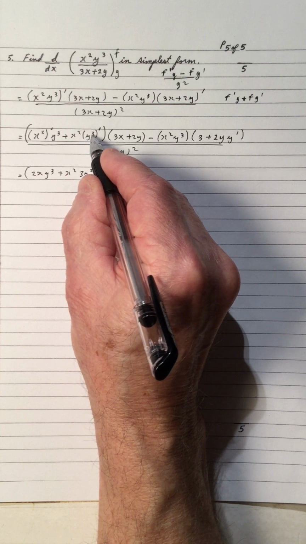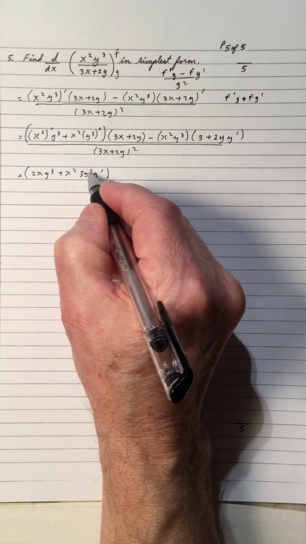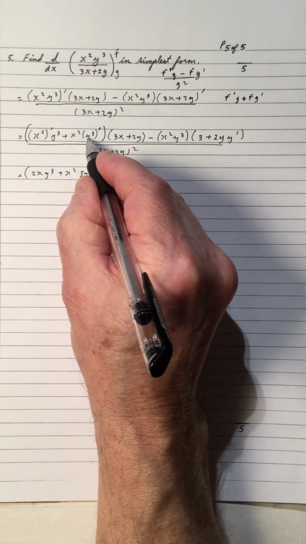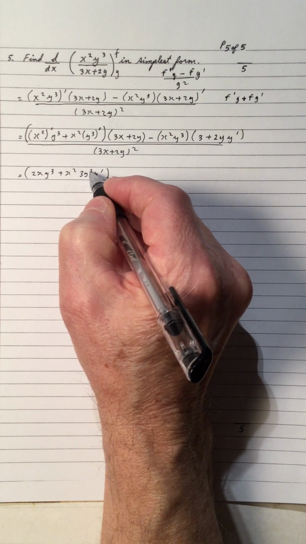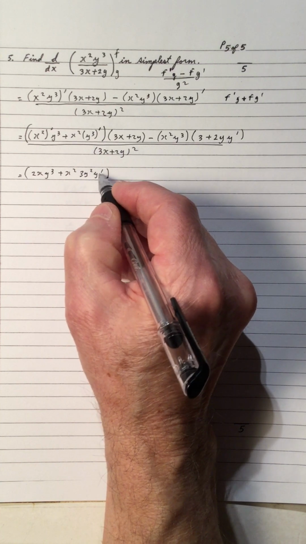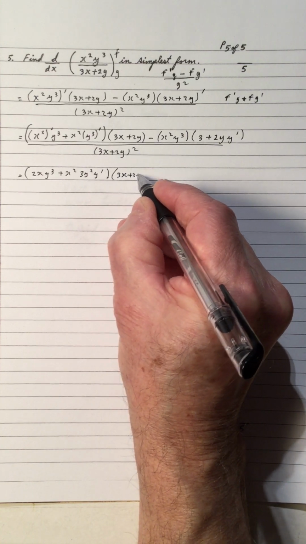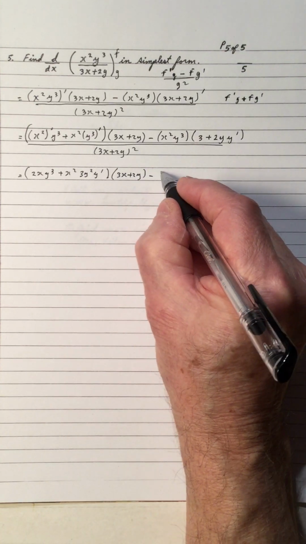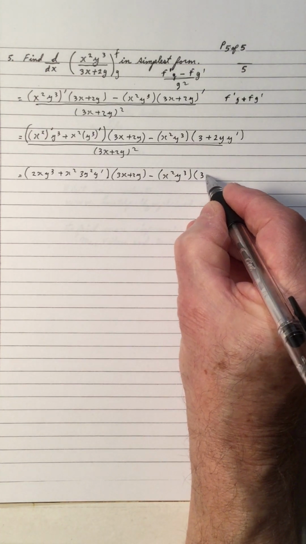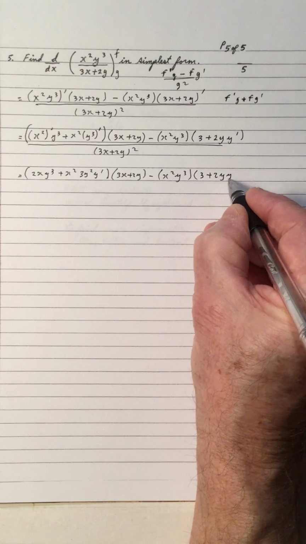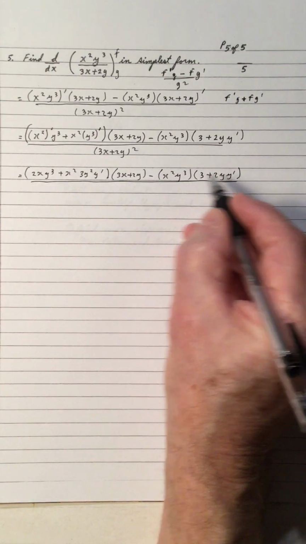So that's 3x squared, but instead of x, you have a y, so 3y squared y prime. So we get 3x plus 2y. I did that deliberately to have a product within a quotient, because in calculus you don't know what you're going to get. You always have to be on the alert.